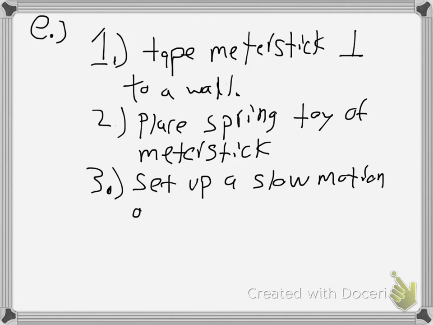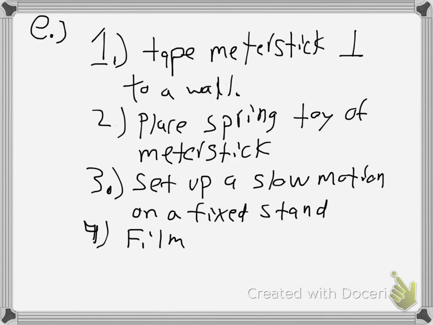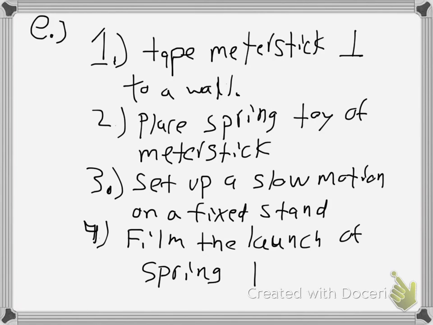And you want to make sure all the details matter here. So on a fixed stand, right? So something that's not going to move, we want to eliminate this error. Let's see, my step 4 would be to film, right? So obviously film the launch of the spring toy for each mass, and then what are we on, step 5?